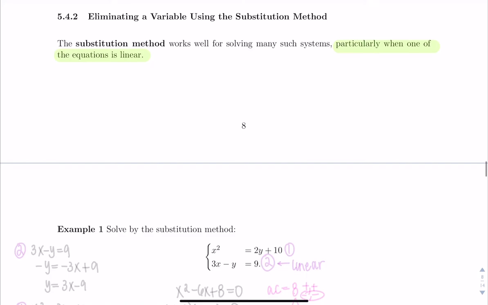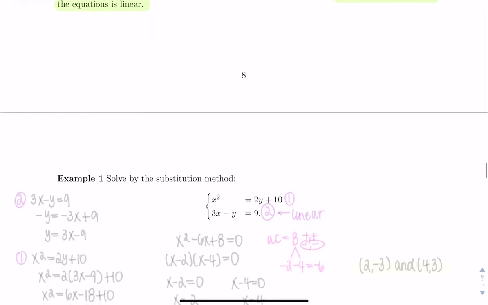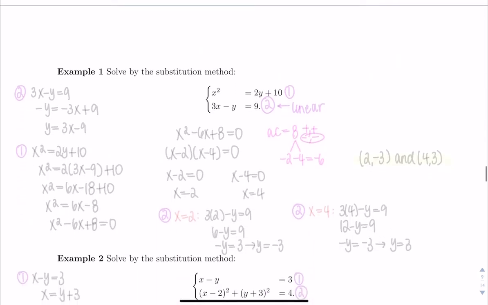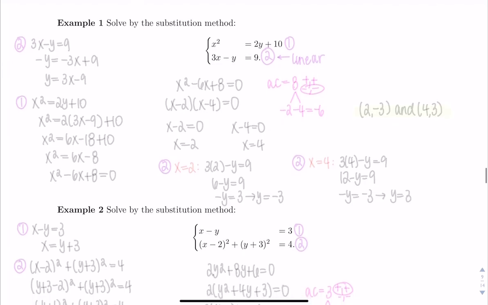So for example number 1, we want to solve by the substitution method. X squared equals 2y plus 10 and 3x minus y equals 9. So let's go ahead and label our equations: equation 1 and equation 2.